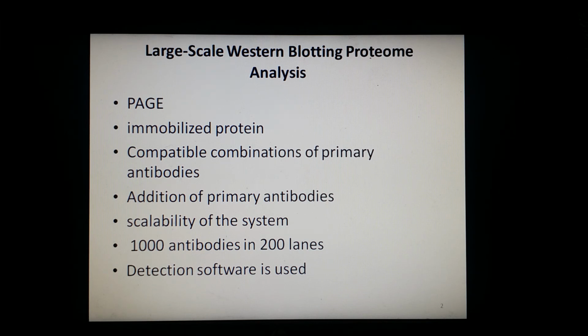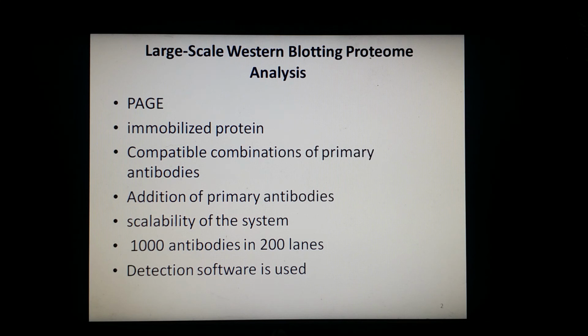Means the lanes that you have created contain basically 1000 antibodies, and they are used in the largest screen. Here the word scalability is basically the ability of a computing process to be used or produced in a large range of capabilities, the capacity to be changed in size or scale.